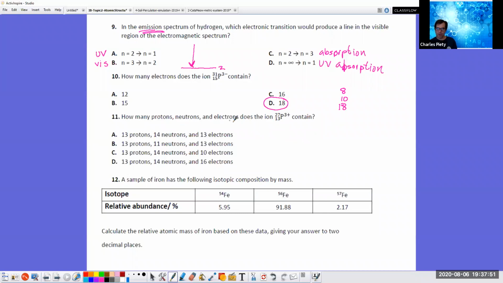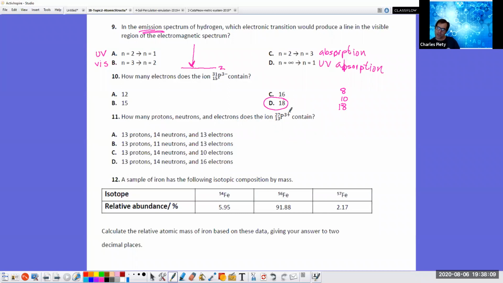How many protons, neutrons, electrons does the ion phosphorus 3+, this is phosphorus 27, have? Well, any phosphorus has 13 protons. That doesn't help us any here.